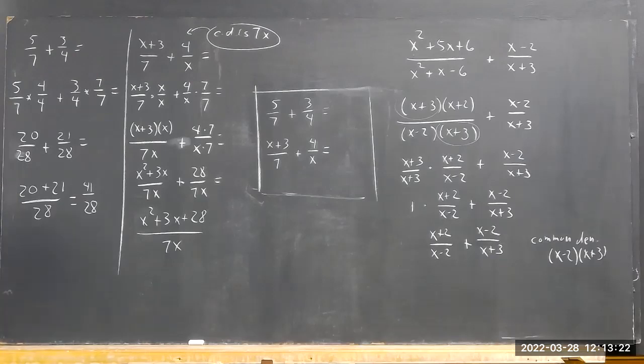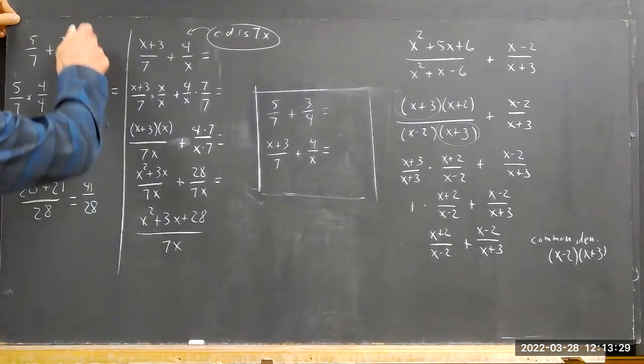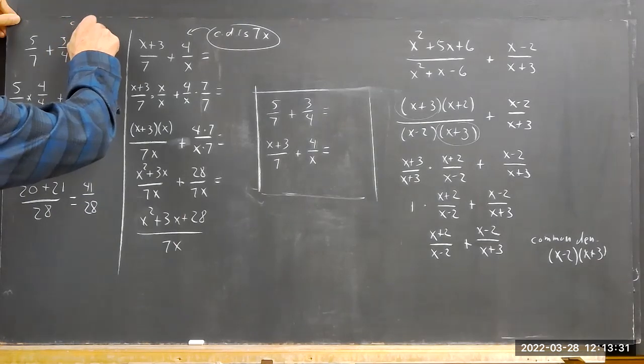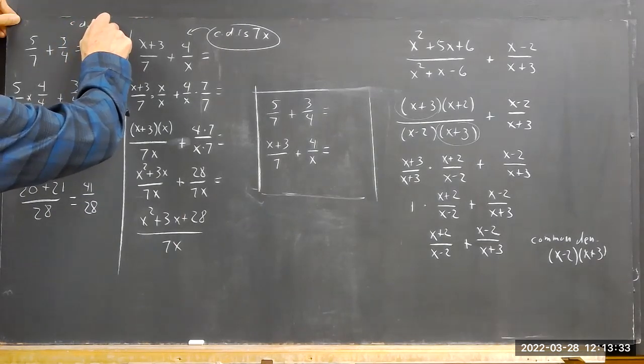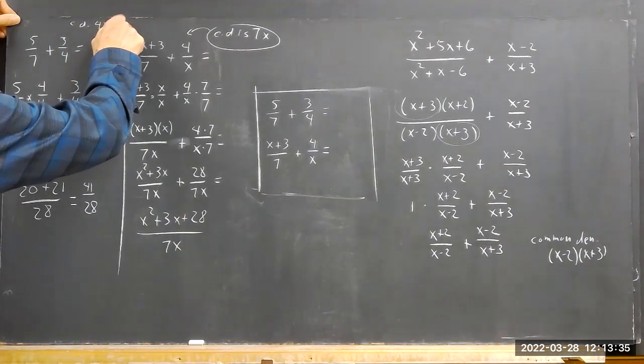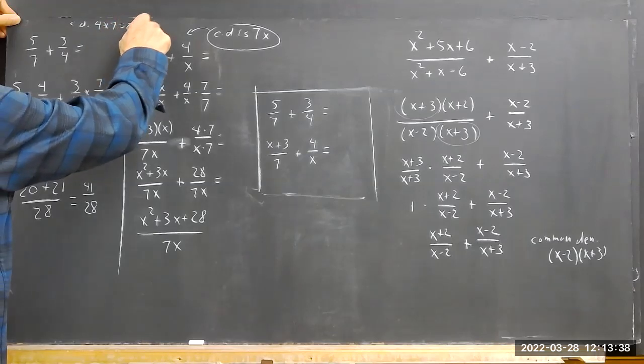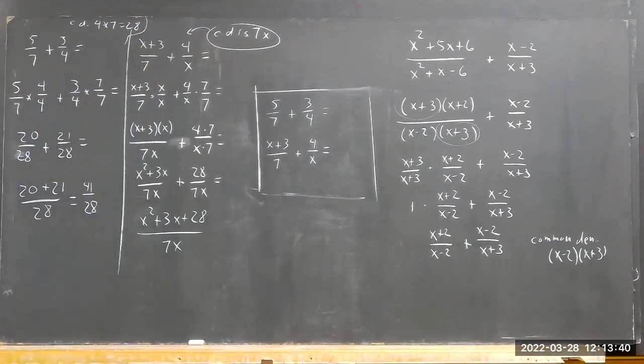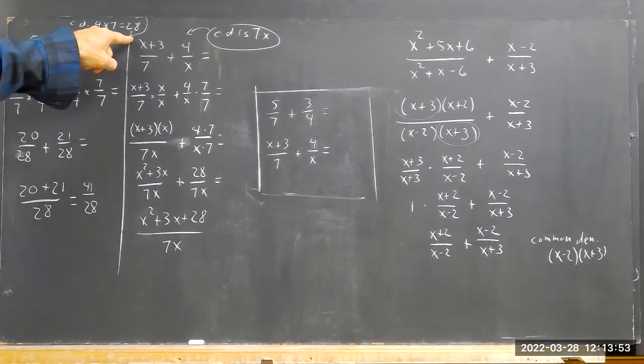What do you have to do to get a denominator of 28, okay? And of course, the common denominator is 4 times 7, which is 28, right? Because that's a common multiple of these two numbers. And I think everybody understands that, okay? So what do I have to multiply 7 by to get 28?